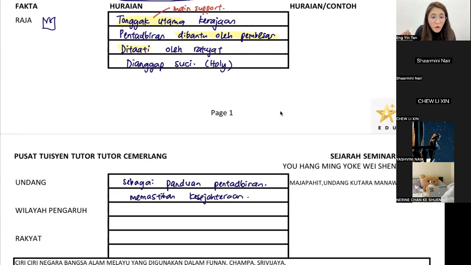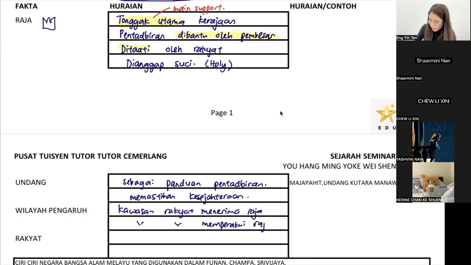Wilayah pengaruh is a location, kawasan, whereby the citizen accept the king. Guys, in exam, you can write like this, like menerima raja, and then you copy paste the same thing.